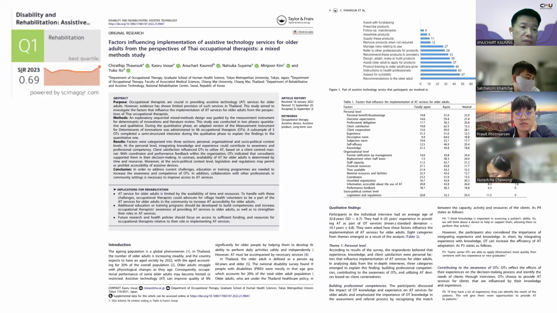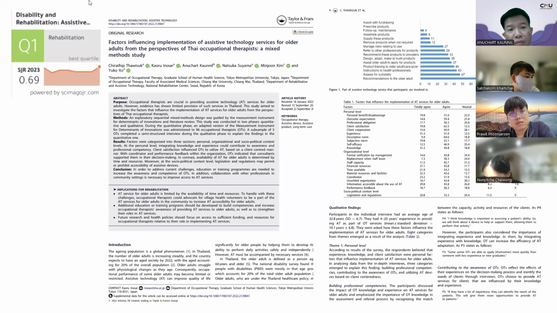For example, there is also a mixed method study, quantitative and qualitative, that we published in Disability and Rehabilitation: Factors influencing implementation of assistive technology service for older adults from the perspective of Thai occupational therapists, a mixed methods study. At that time, I was co-supervisor of Ajahn Om, or Jirati.